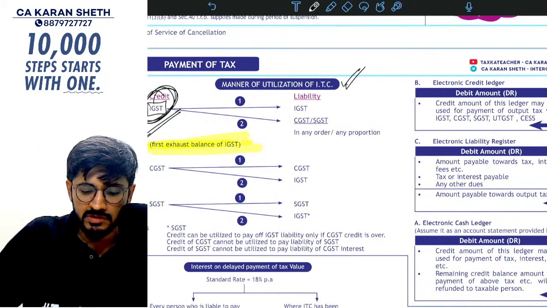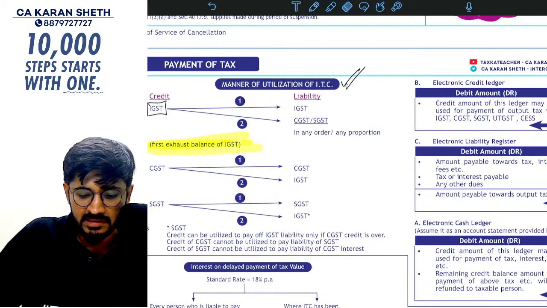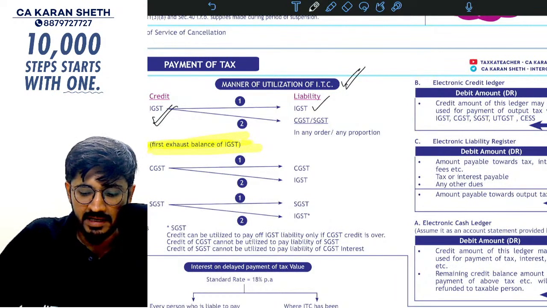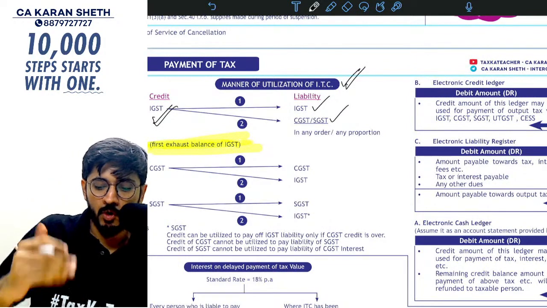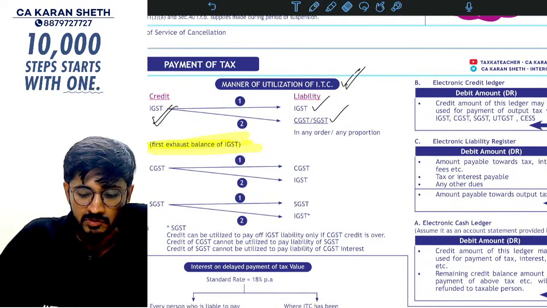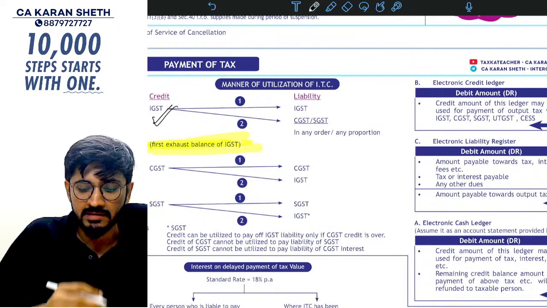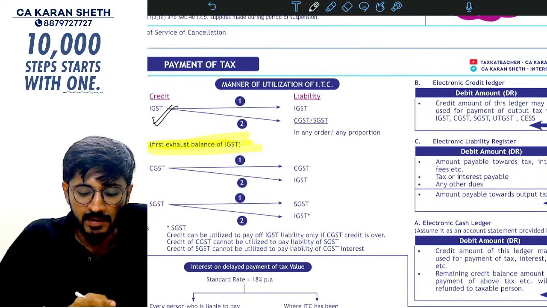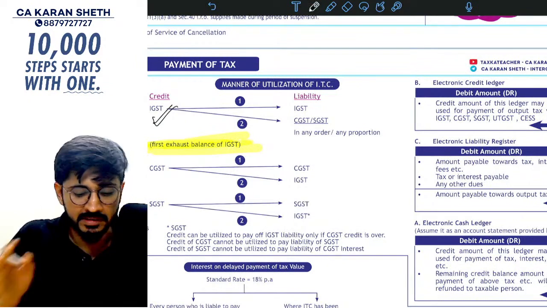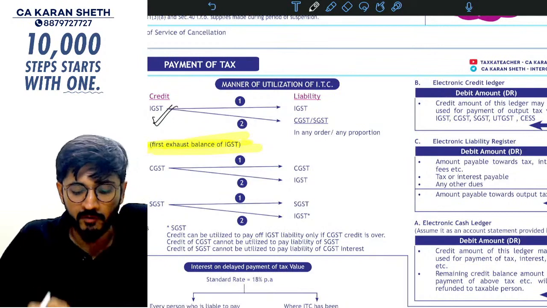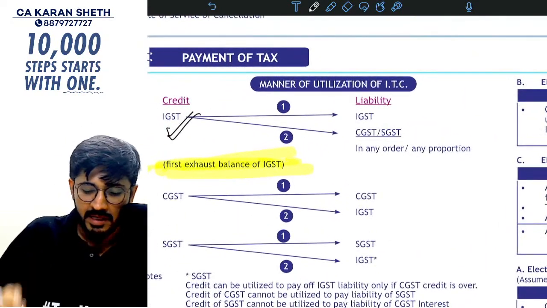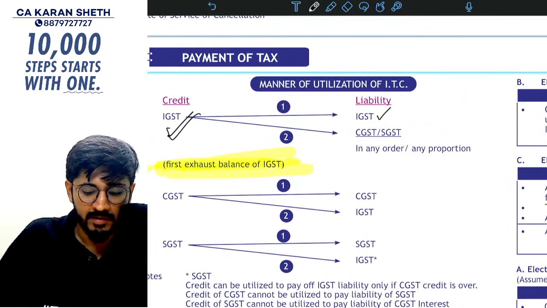So first use the IGST balance completely, my dear friends, to pay off IGST liability and CGST and SGST liability. You will always first see if there is a liability of the same type as your credit. If your credit is IGST, you first look for a liability of IGST. If yes, knock it off.